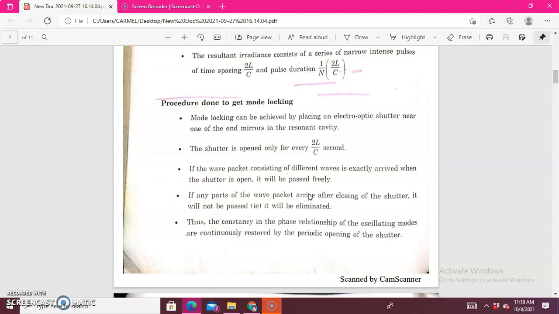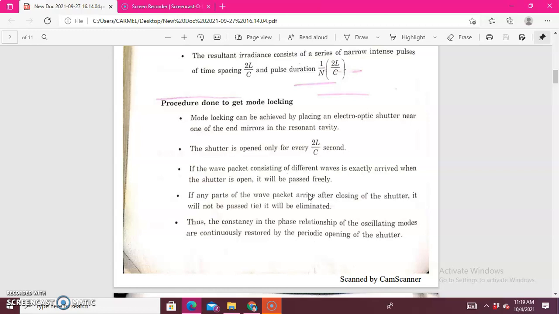Particularly in the mode locking technique, they go for a dye laser or a solid state laser. An example of a solid state laser is titanium sapphire. With titanium sapphire, we get very short pulse duration in a highly efficient manner. That is the reason the active medium used is titanium sapphire.